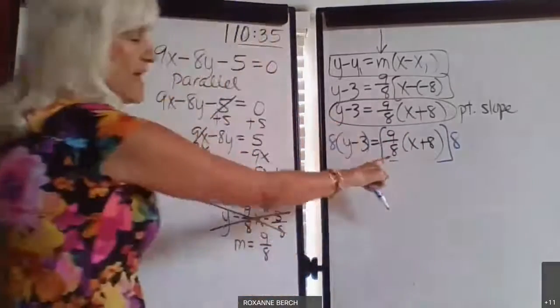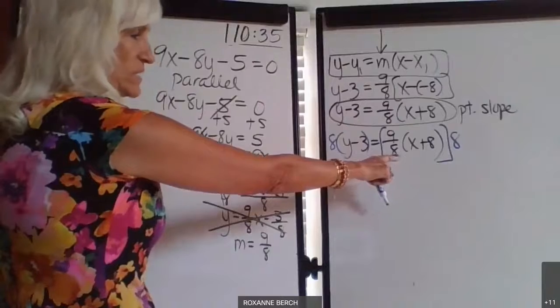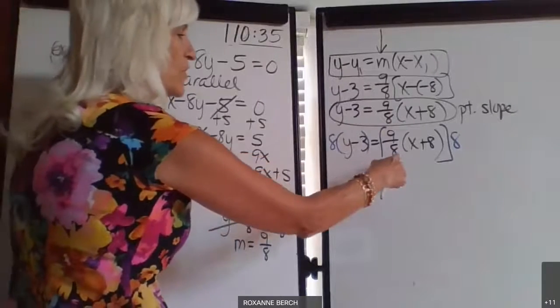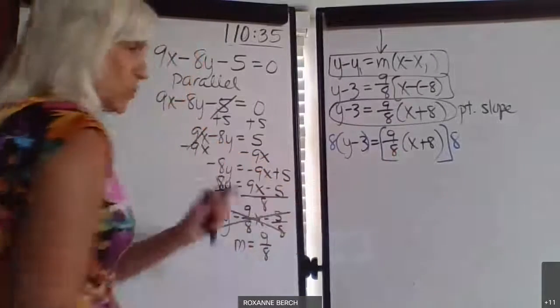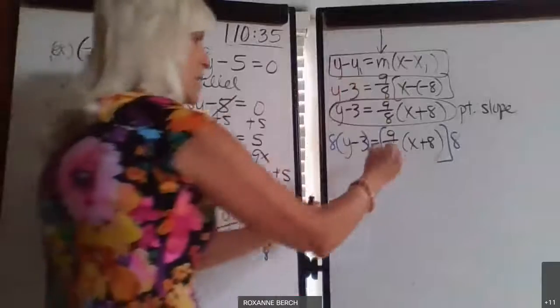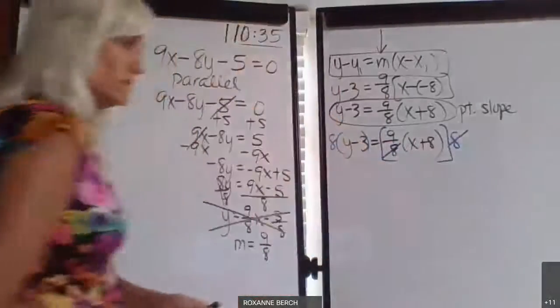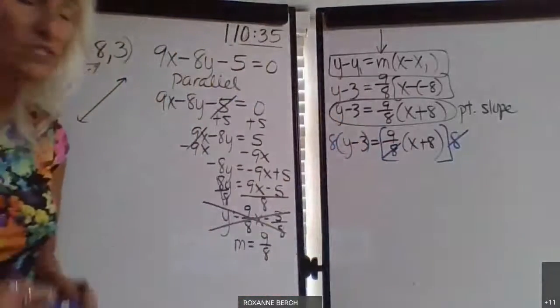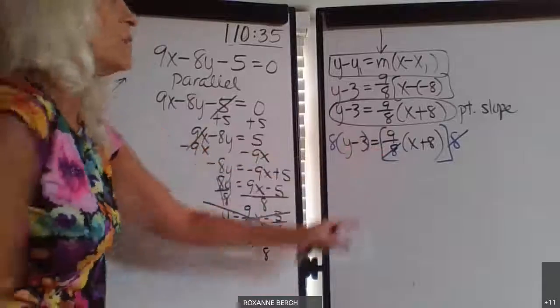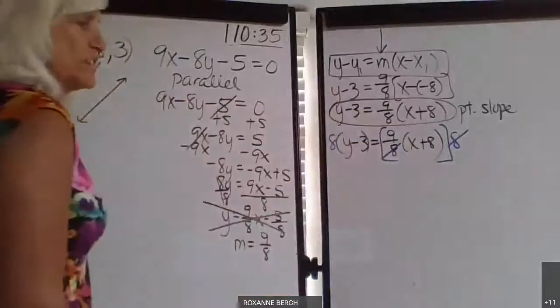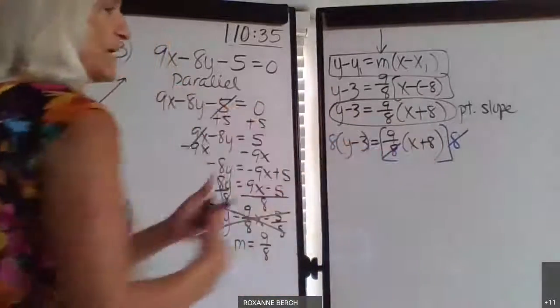So if this was a 7, I'd multiply by 7. If this was a 2, I'd multiply by 2. Whatever this number is what I'm multiplying in the blue, so I can cancel it. So whatever that fraction is, if it's 1/5, multiply both sides by 5. If it's 2/7, multiply both sides by 7.